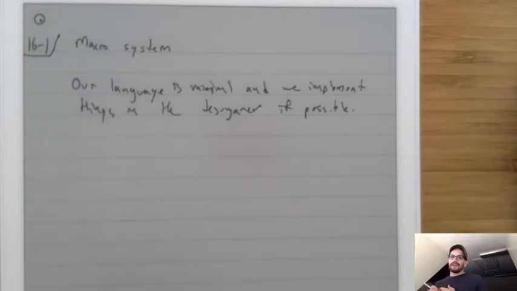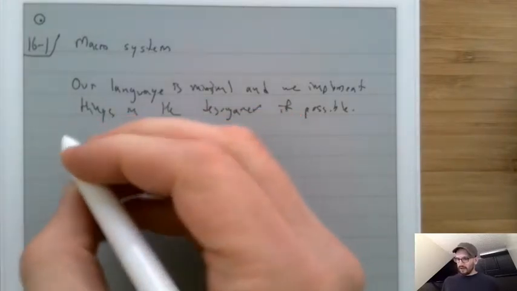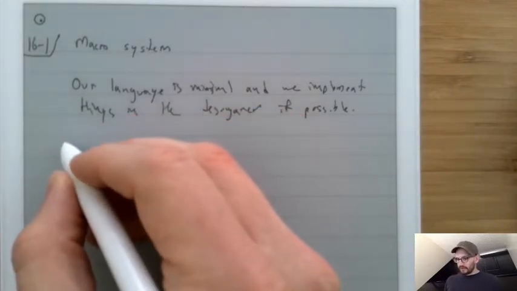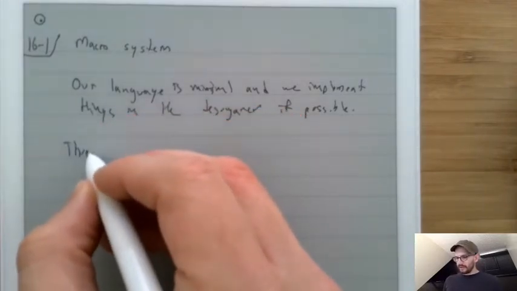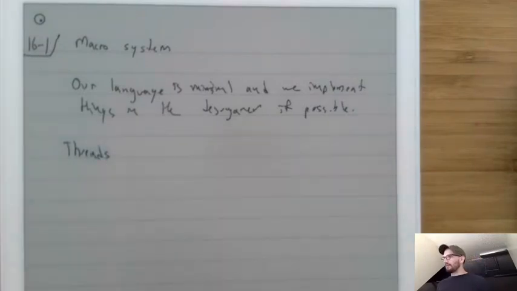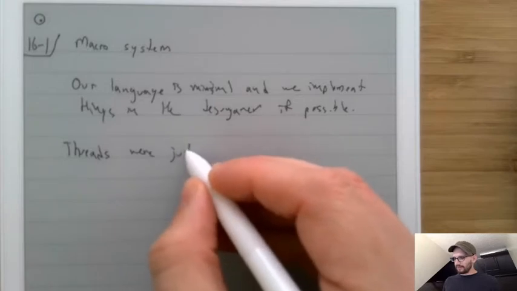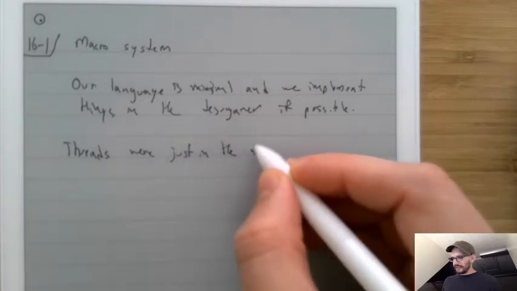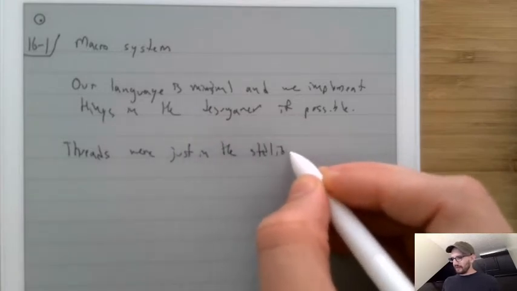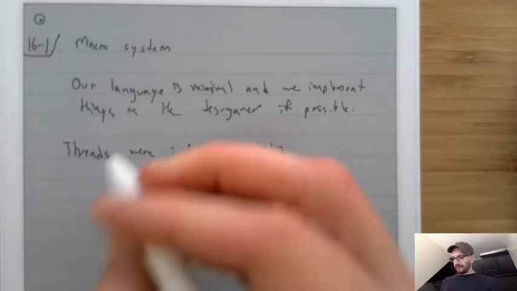Now, that's advantageous, but we could make it even more powerful by trying to make it so that the features that we are implementing in the desugarer could be implemented as libraries instead. So recall, for instance, our whole thing with threads. Threads from class 14 were just in the standard library, meaning that they could have been made by a user.